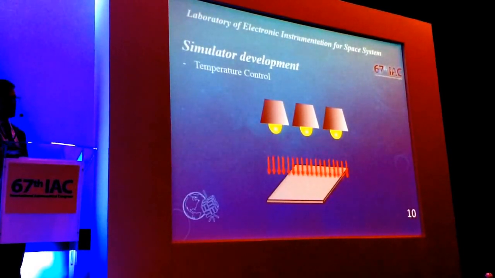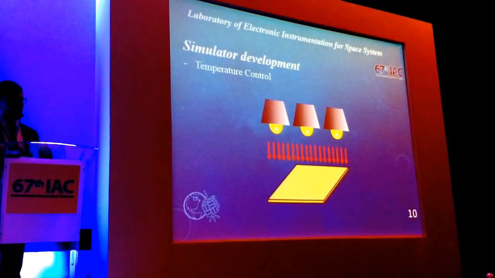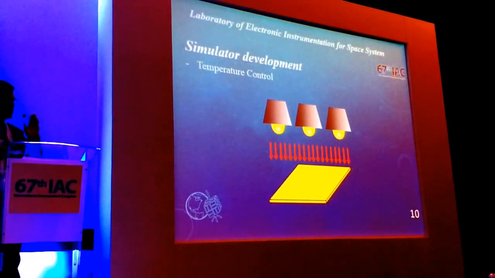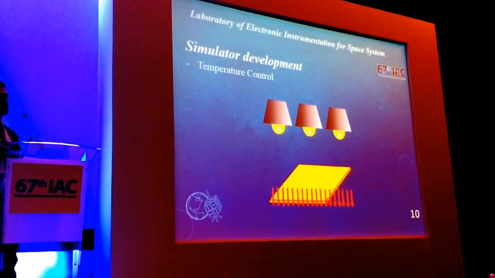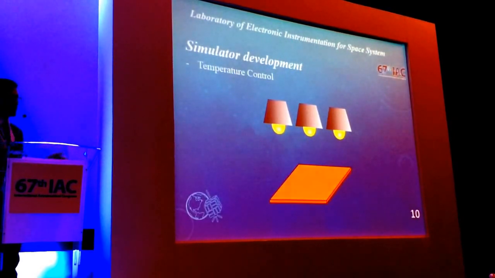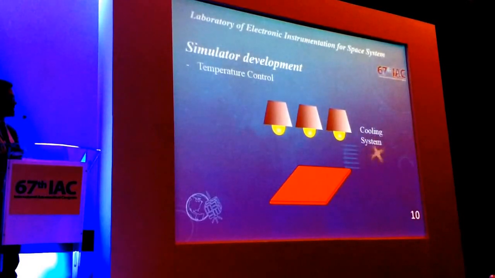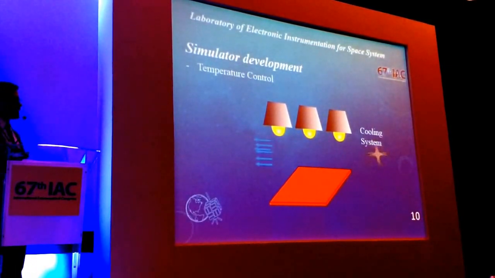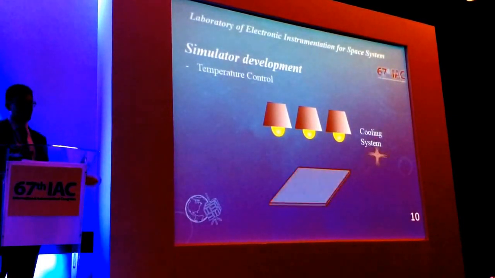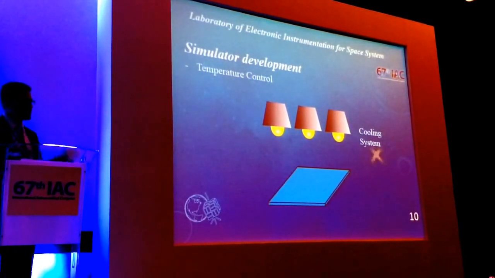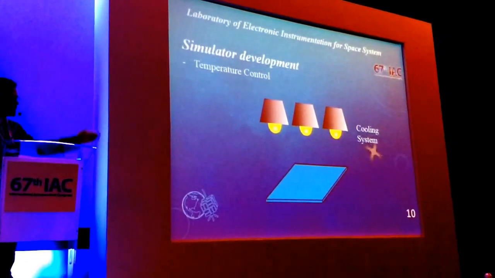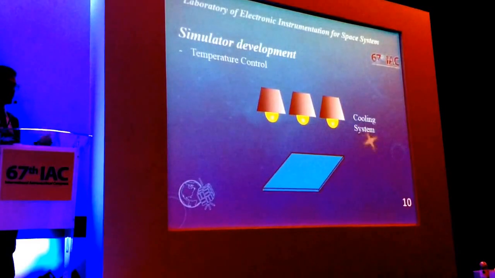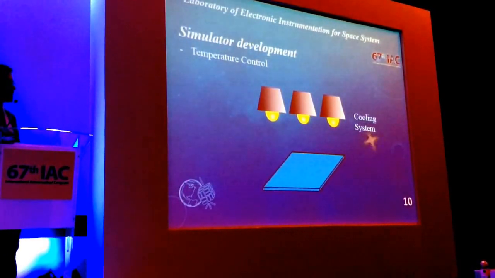If you can see here, when we do not do anything to reduce this temperature, the heat of the test plane goes up, and that affects the simulation. For this, we have a cooling system that reduces the temperature of the test plane. There are many forms to reduce the temperature. For example, we make an array of fans that makes wind to reduce the temperature of the test plane.